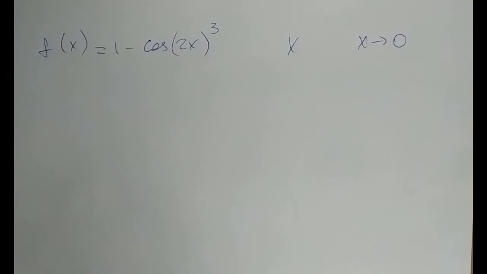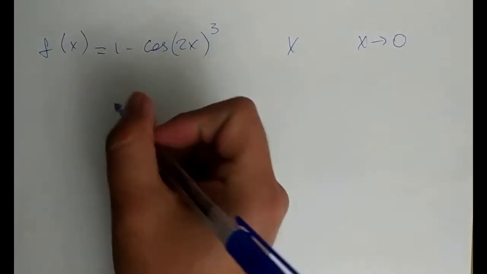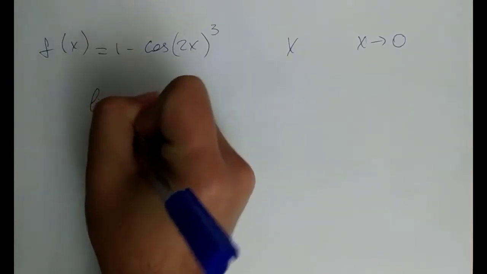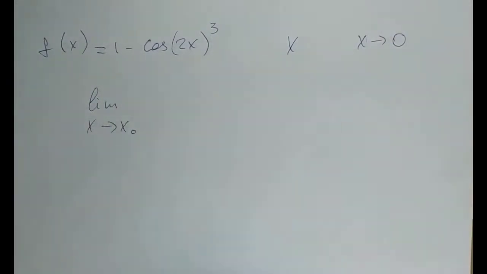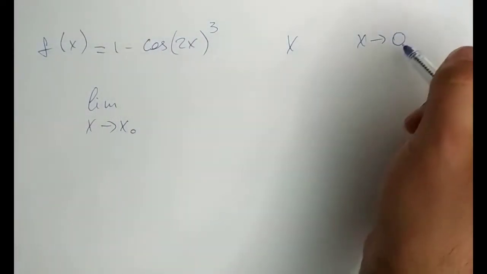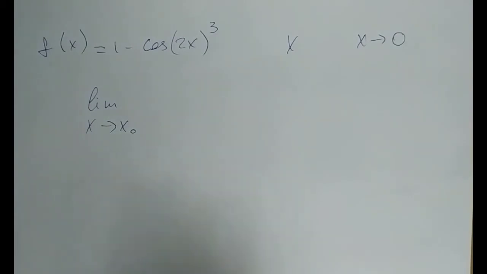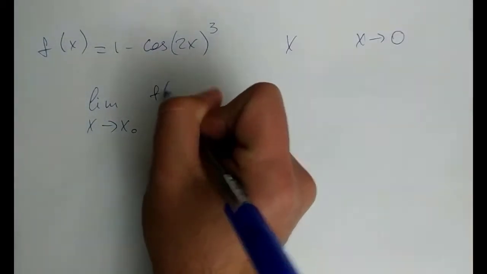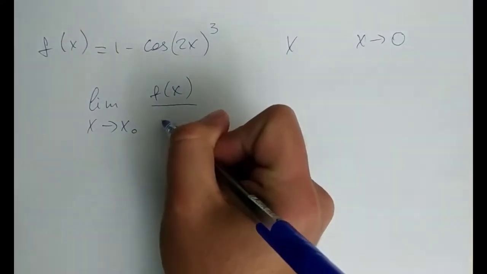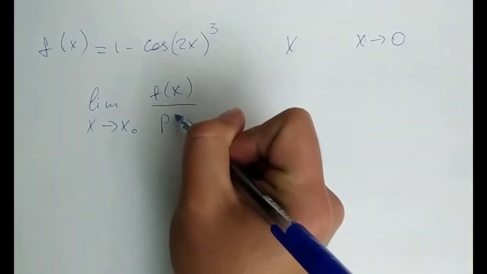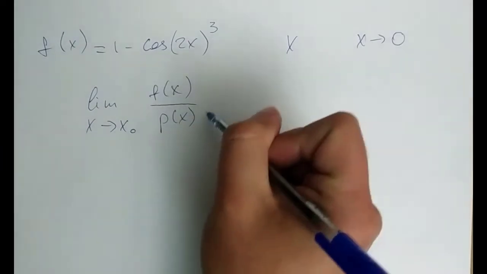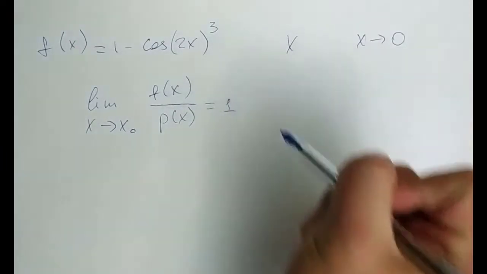Let me give a little definition of principal part. It is the limit as x tends to x0, so in this case x0 is 0, of f of x over p of x, where p of x is the principal part, and this should be equal to 1.